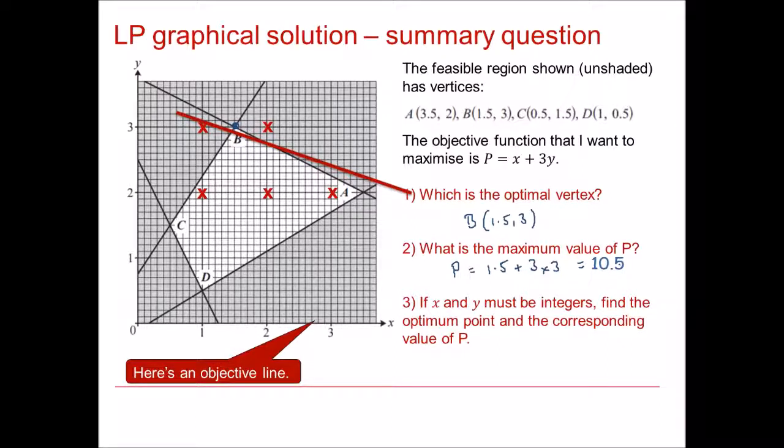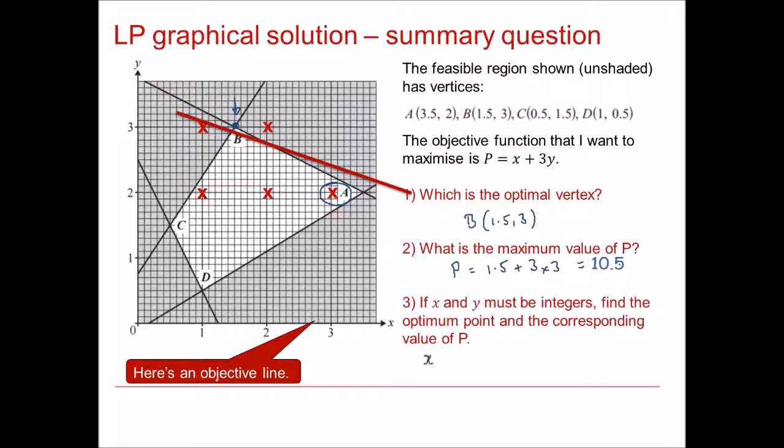And there they are, the ones near the top anyway. Now, looking at that carefully, the one which the line crosses finally, before it leaves the feasible region, is this one here, close to A. So although the optimal point is at B, the actual integer solution would be the one that I've indicated there, close to A, which is x equal to 3 and y equal to 2.